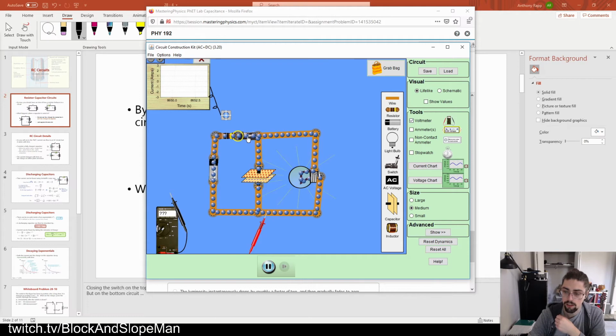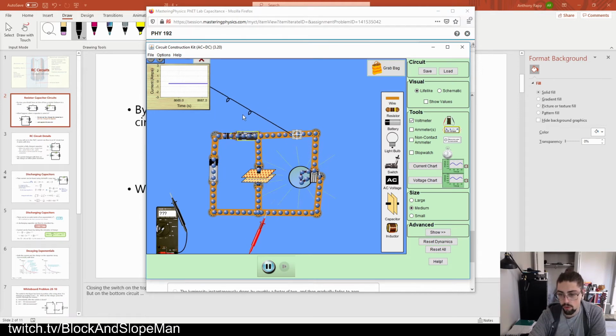Whoa, that's not the right thing. So we disconnect it, and immediately we see it doesn't go down immediately. Let me go ahead and record. Let's record what happens to the current as time goes on. So right now we've got a current going through this thing. I open the switch. It doesn't make a discontinuous jump, right?